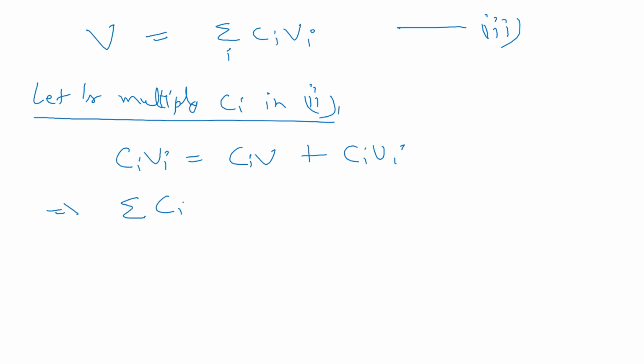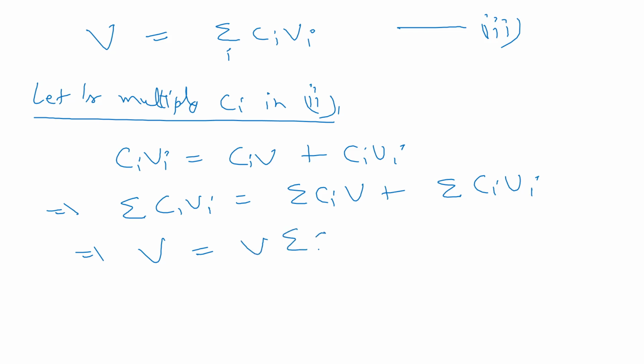Sigma Ci Vi equal to sigma Ci V plus sigma Ci ui, and sigma Ci Vi is nothing but V, and this V is a constant common everywhere, so it can come out: V sigma Ci plus sigma Ci ui, and sigma Ci is nothing but 1. So this V and V will cancel, and we will get sigma Ci ui equal to 0.